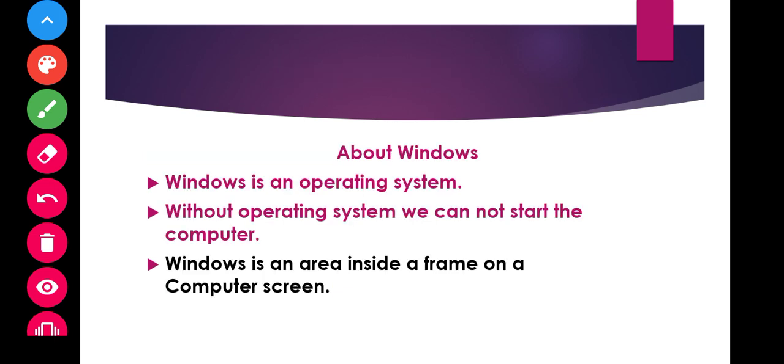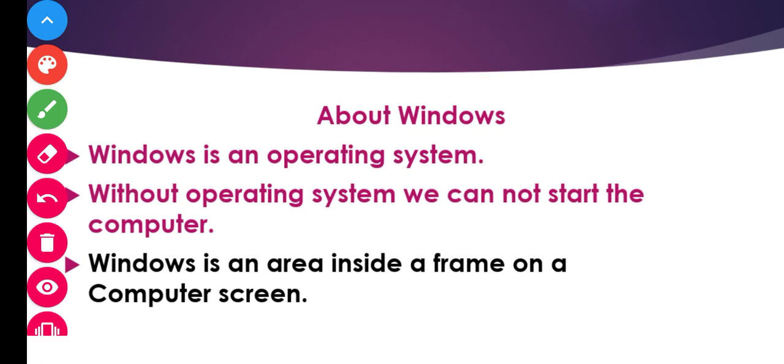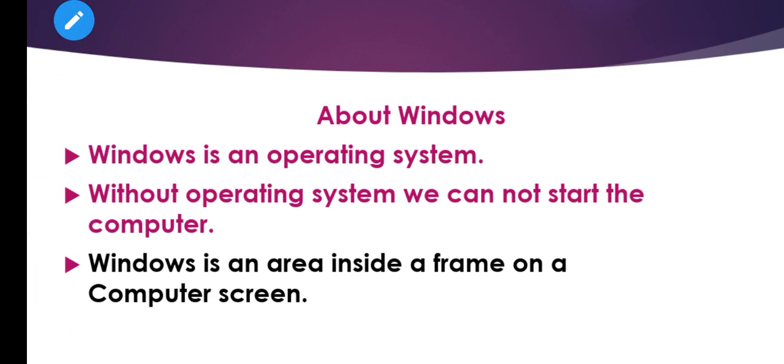Now, let's start with the first topic, that is about Windows. Windows is an operating system developed by Microsoft, world's leading software company. A window is an area inside a frame on a computer screen that has a particular program operating in it or shows a particular type of information.